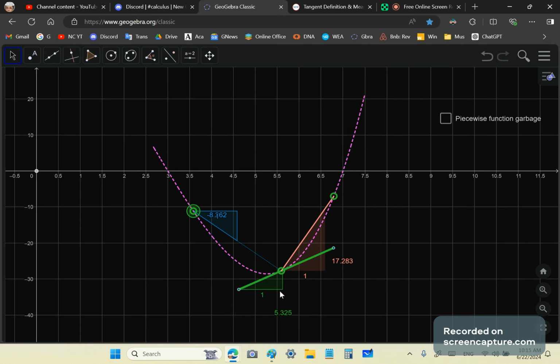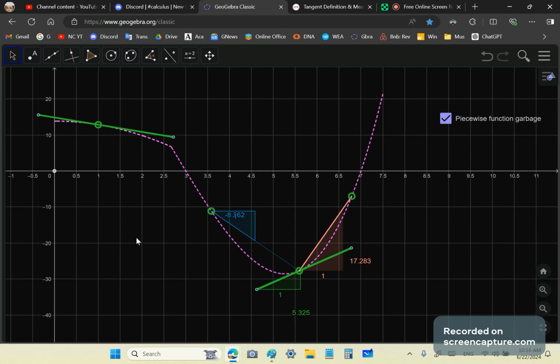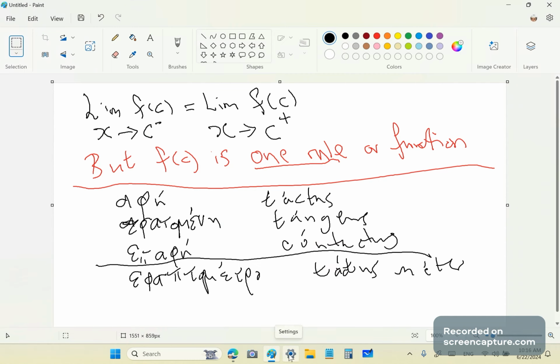So then what the chimpanzees did next is they added the garbage of piecewise functions. Okay, so now this is what really made them change the definition. But the problem now is that it's not the same function. Okay, so you don't have one rule here.